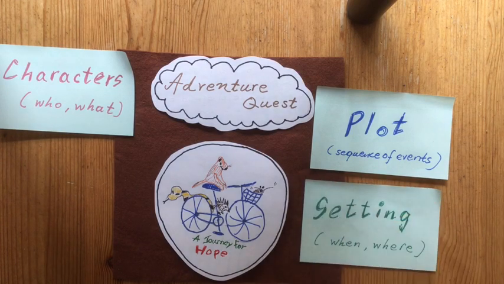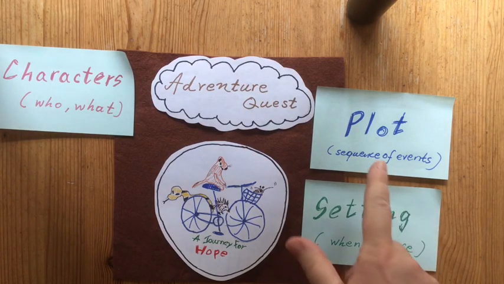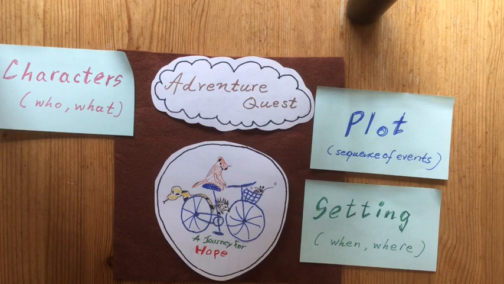Now, the characters are who or what has the action in our story, performs that action. The plot is the sequence of events that drive the story in our text. And the setting is when or where our story takes place.